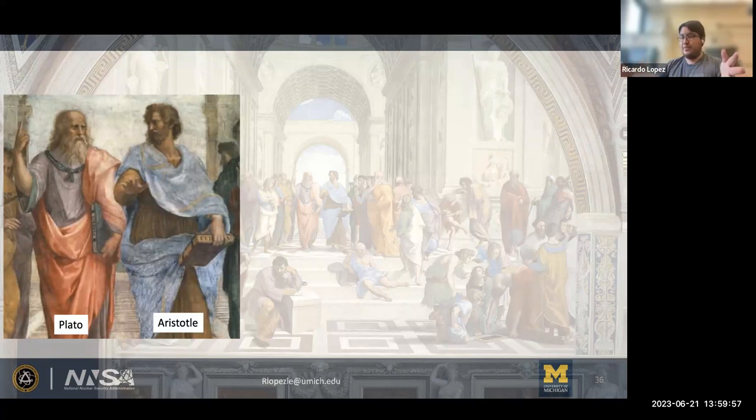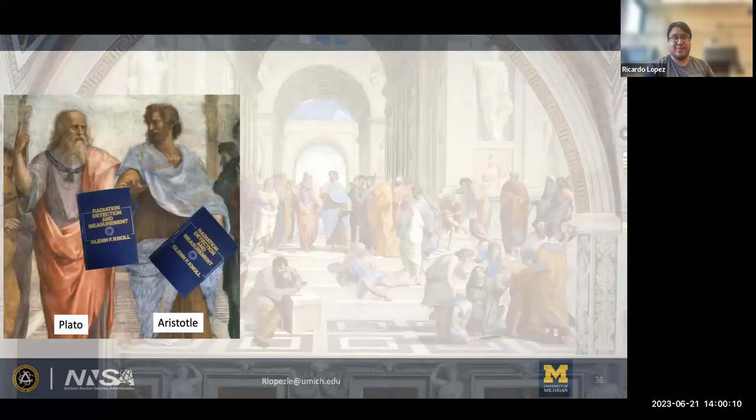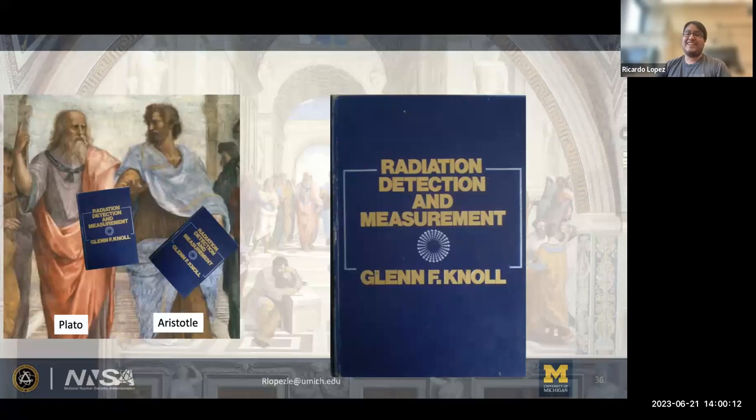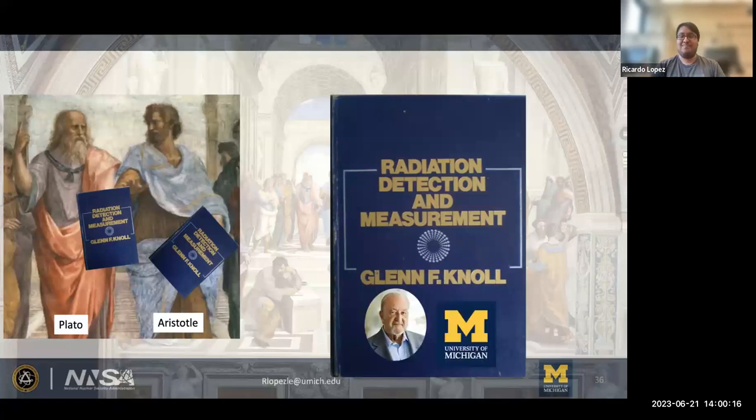And over the course of this presentation, a lot of this comes from a very important book, which here at Michigan, in the nuclear engineering department, if you ever end up studying here, you'll be very familiar with. It is the Radiation Detection and Measurement textbook written by Glenn Knoll, plug-in for the University of Michigan there.